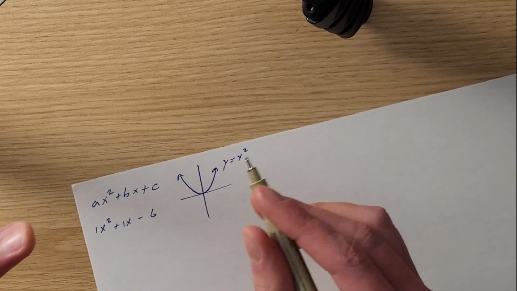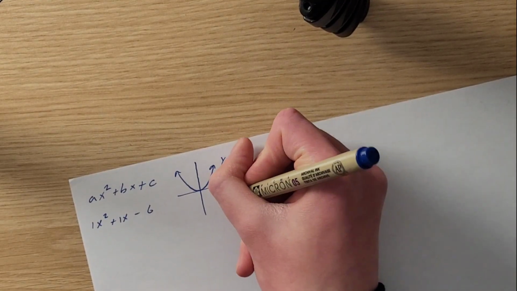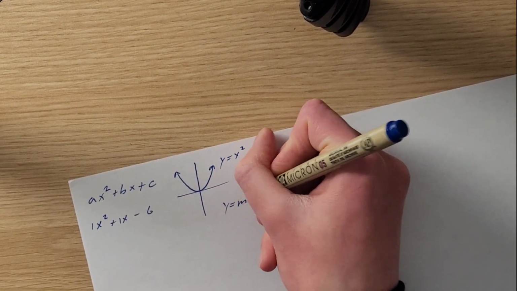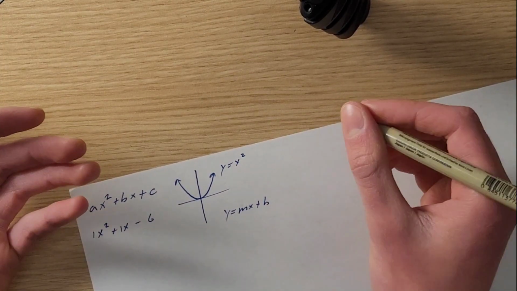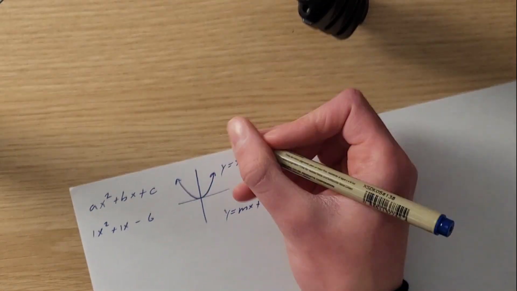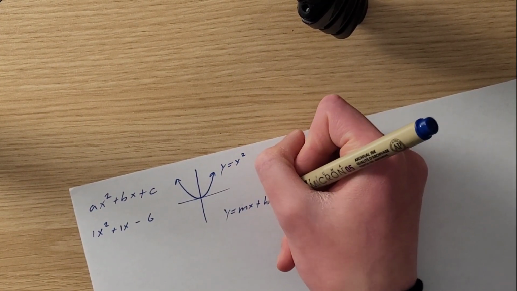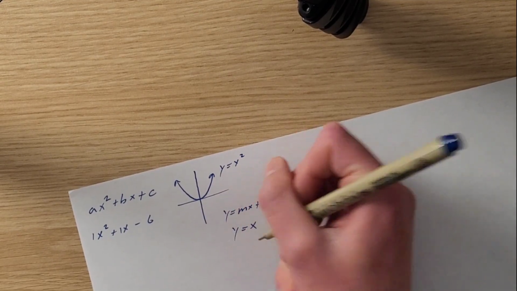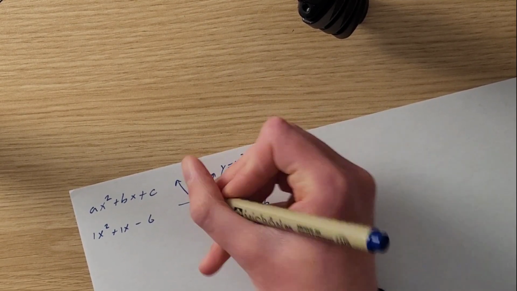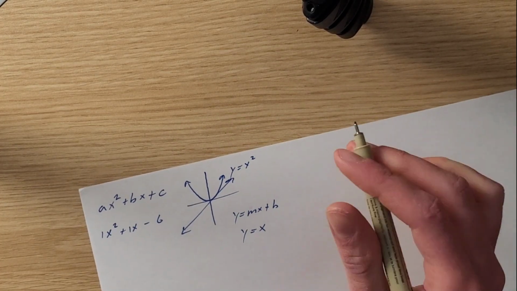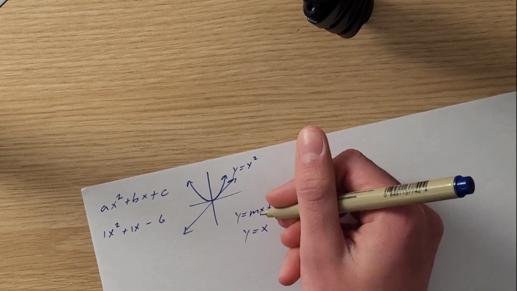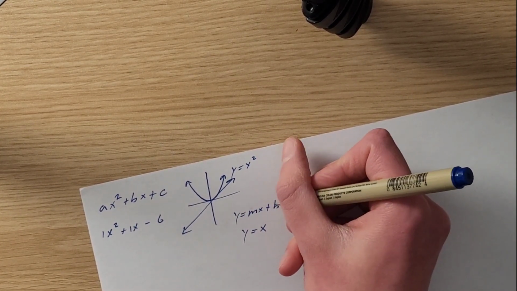Now, unlike a linear function, where it's in the form y equals mx plus b, if you've done that before, then that's great, and you probably have if you're learning quadratics. You're going to see that the standard form of that is y equals x, a very simple function. It's going to end up looking like a straight line. Now, what is the b value in this case?